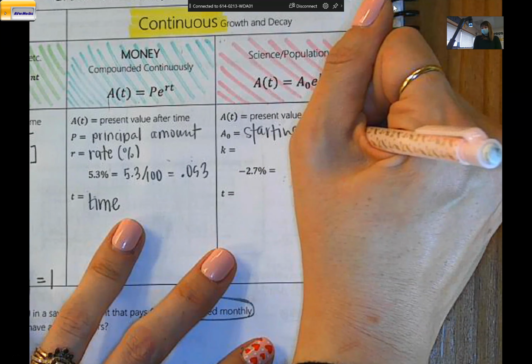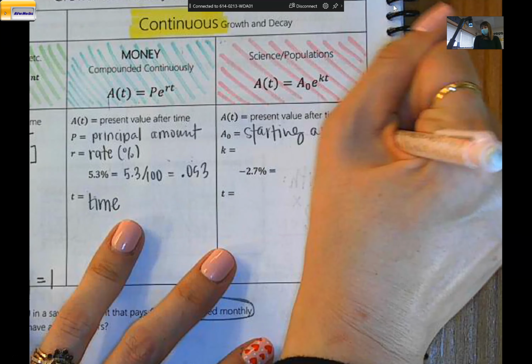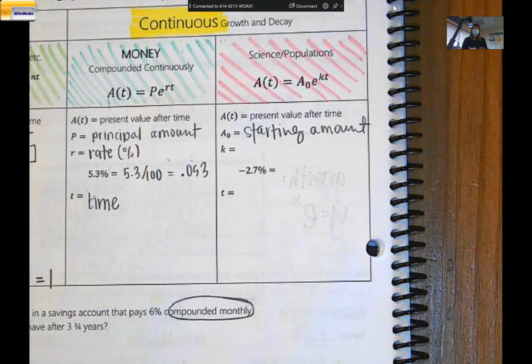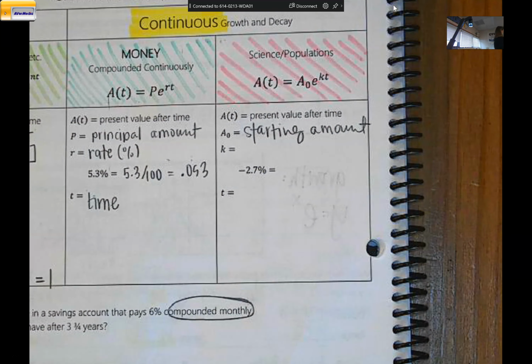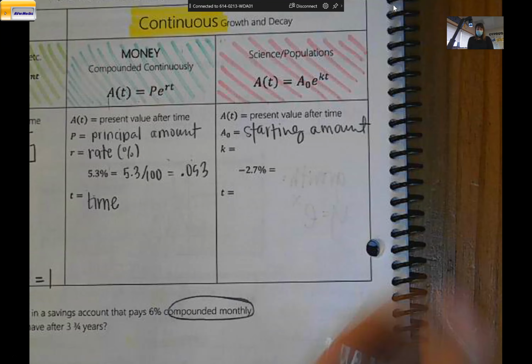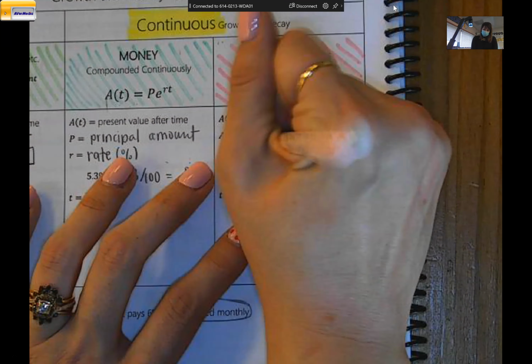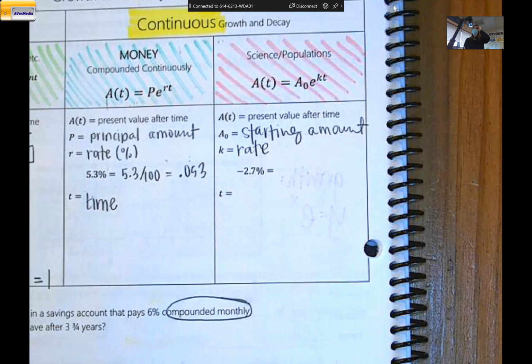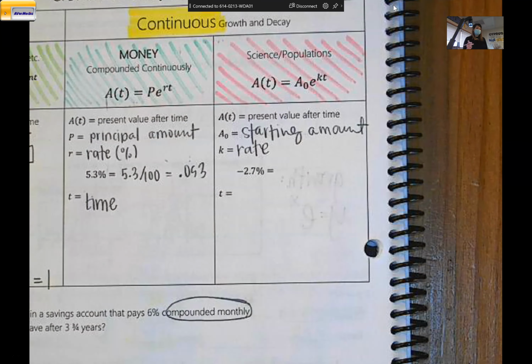All that means is the amount at time 0. The A stands for amount and the 0 stands for time 0. K is your rate. So instead of using R, they use K.